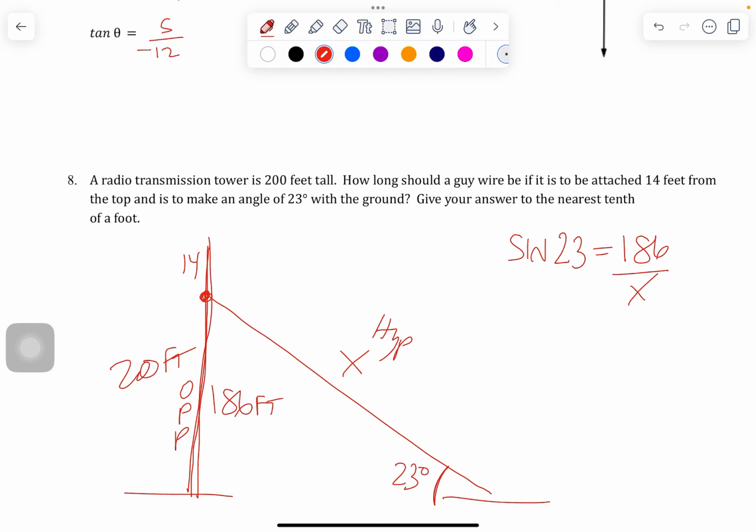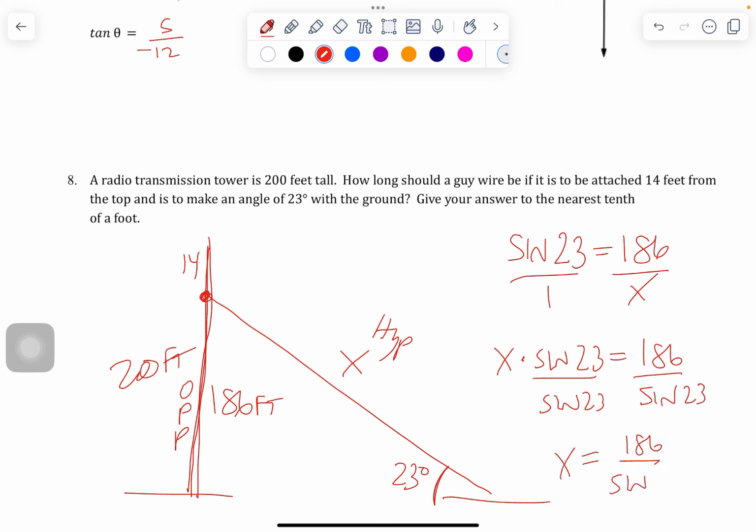Some of you had those flip-flopped. Here's a scenario where cross-multiplying helps, so I'm going to go x times the sine of 23 equals 186. I'm going to divide by the sine of 23 from both sides. So x is going to equal 186 divided by the sine of 23.